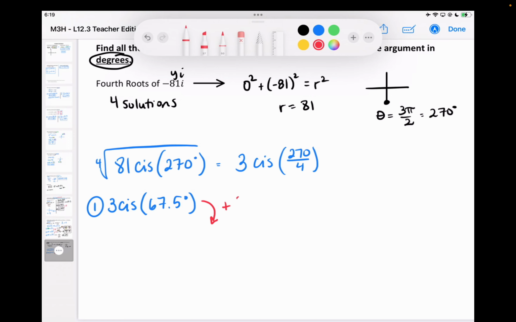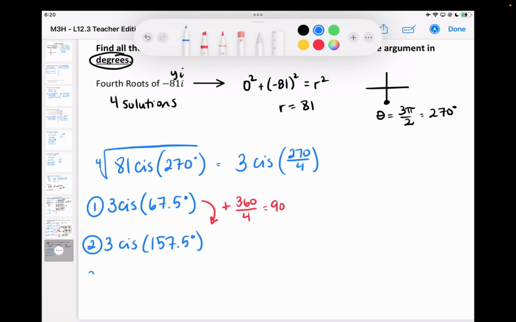So remember, 360 degrees is a full rotation. I'll divide it by 4 because there are 4 solutions. That would give me 90. So we're adding 90 each time. So 67.5 plus 90 is 157.5. So we've got 3 cis 157.5 degrees.